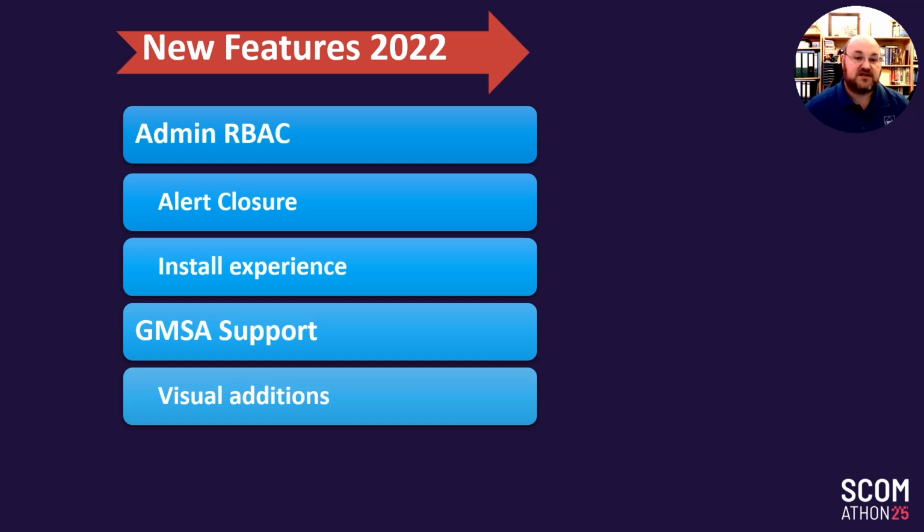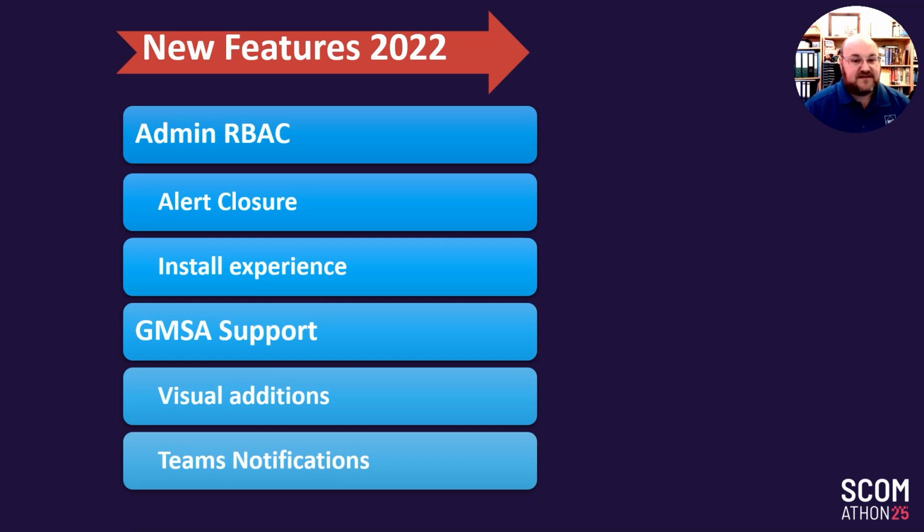A nice one is an additional column in the alerts views which points out if an alert is coming from a rule or a monitor, which is actually a request from my side. And Teams notification channel has been added instead of the old IM channel which was there before. And of course, this version of SCOM can be run on Windows Server 2022 for the infrastructure components as well.